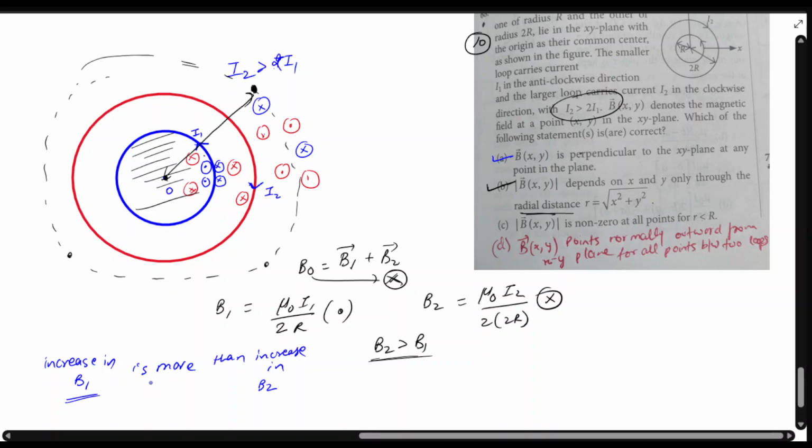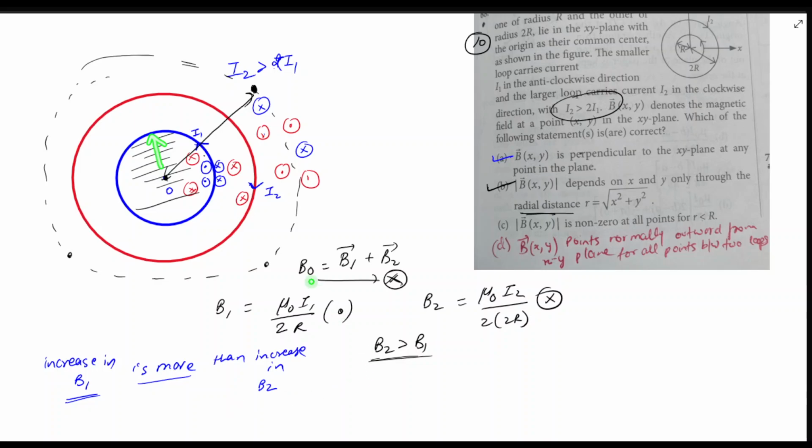So increase in B1 is more than increase in B2 as you move radially outward. So as B2 is more at the center, at some point there will be a situation where B1 is exactly equal to B2, right? And at that point, the magnetic field will be zero. So C option is incorrect. Okay, so C option is incorrect.